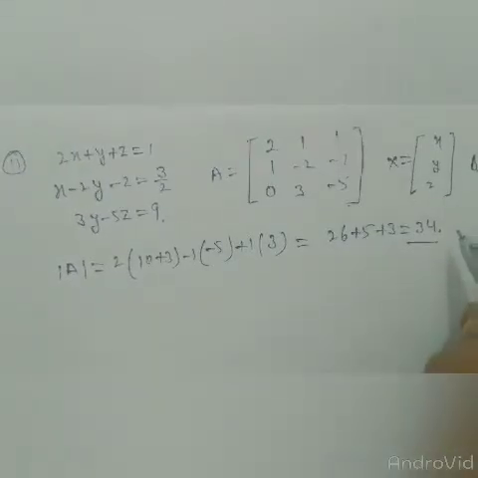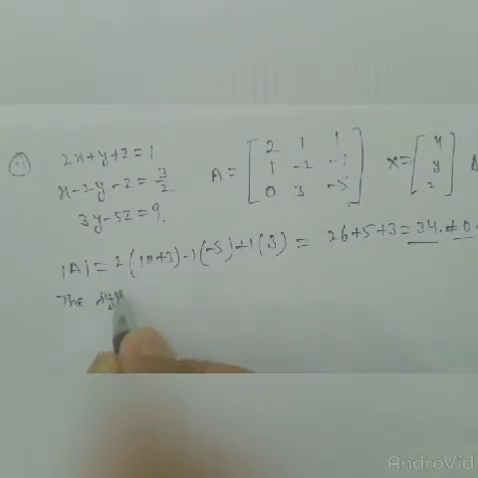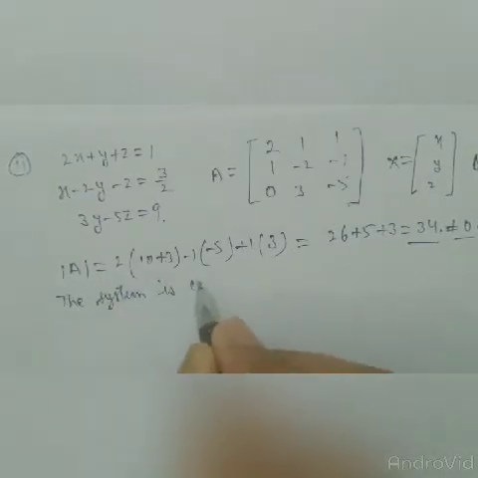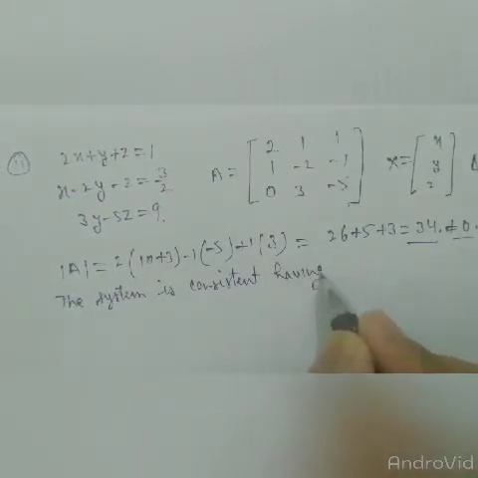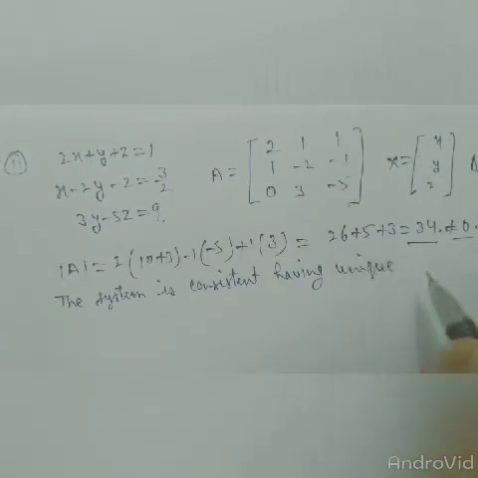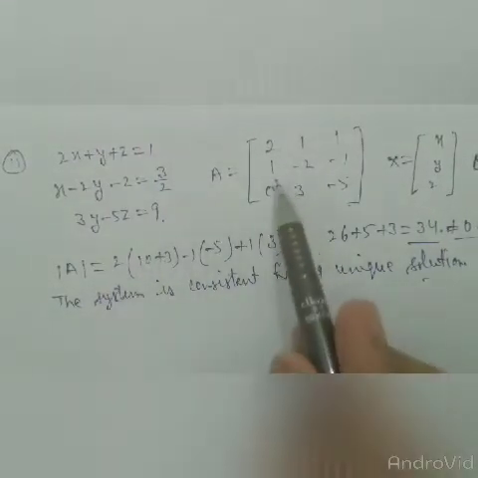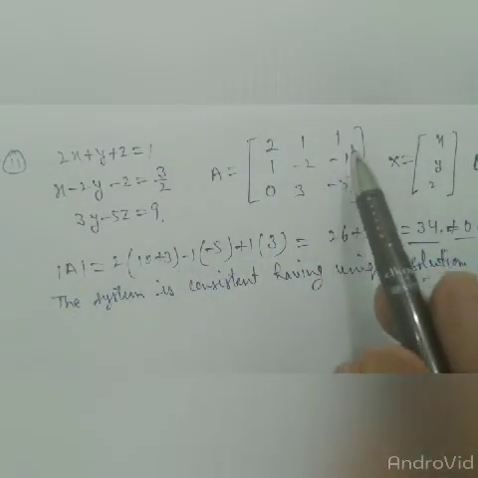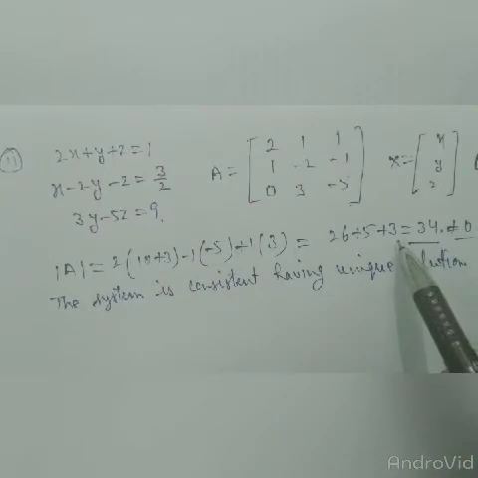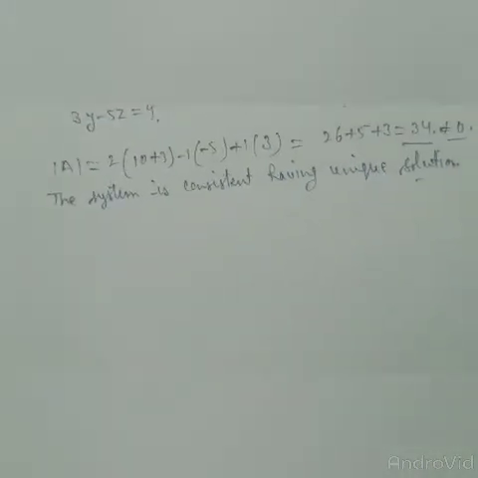Which is non-zero. So the system is consistent, having a unique solution. For this determinant we have to check it twice: 2 into 10 plus 3 is 13, 26, minus 1 into minus 5 is 5, and 1 into 3 is 3, that is 34.